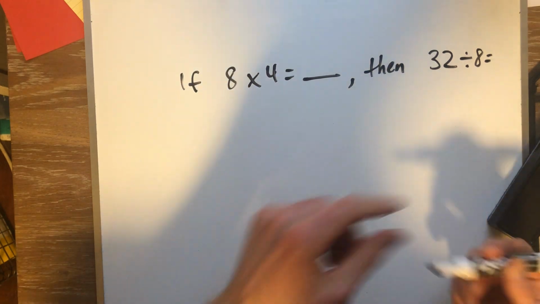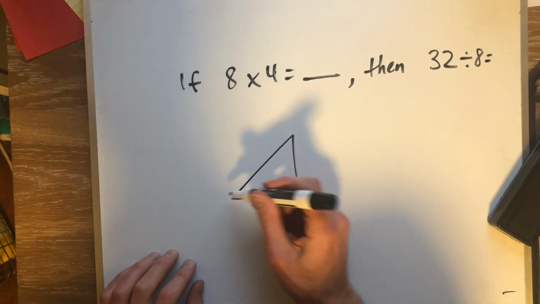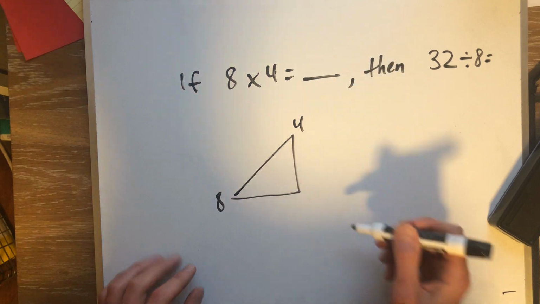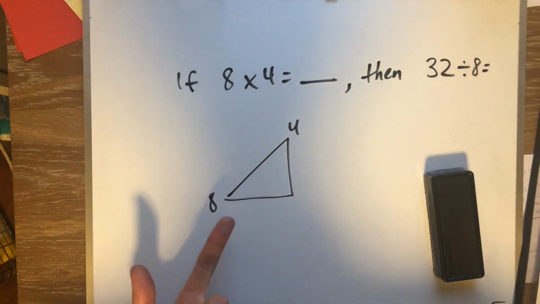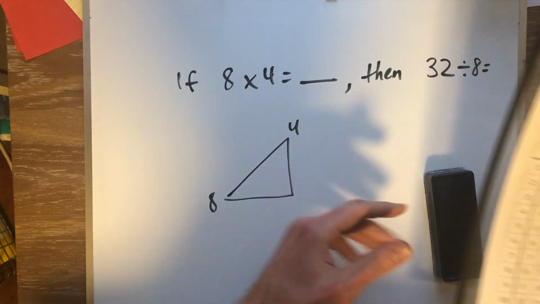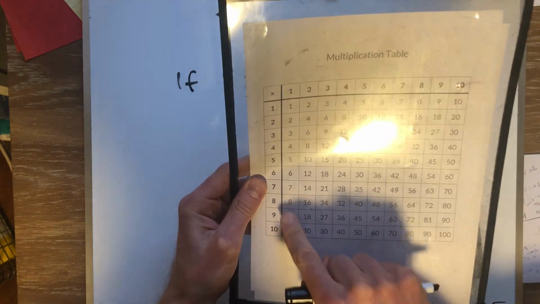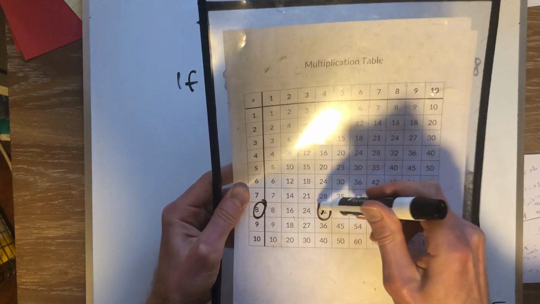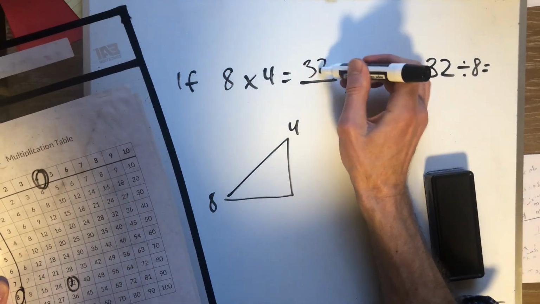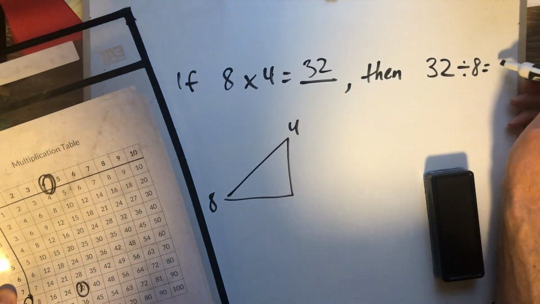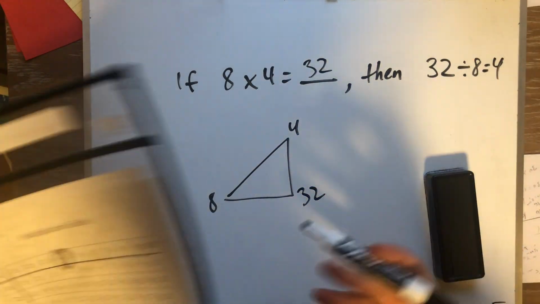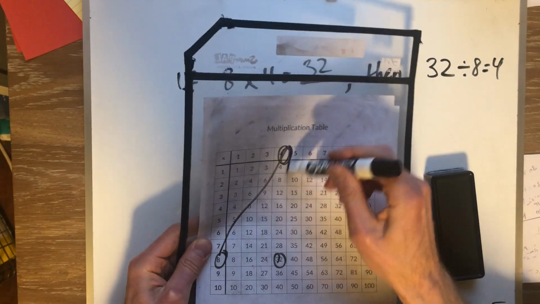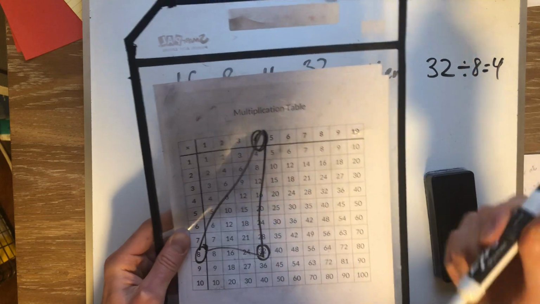Oh, there are three numbers, they work together. 8 times 4 equals, well, if you're not sure, what's 8 times 4? You should hopefully know that. It's 32. So if 8 times 4 equals 32, then 32 divided by 8 is 4. So these three numbers work together.